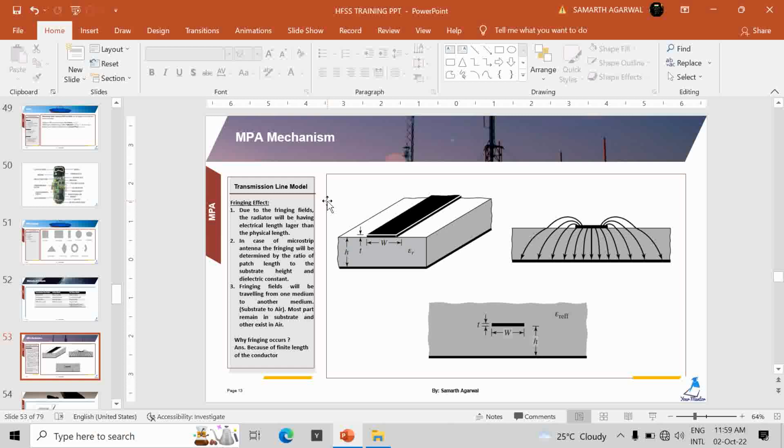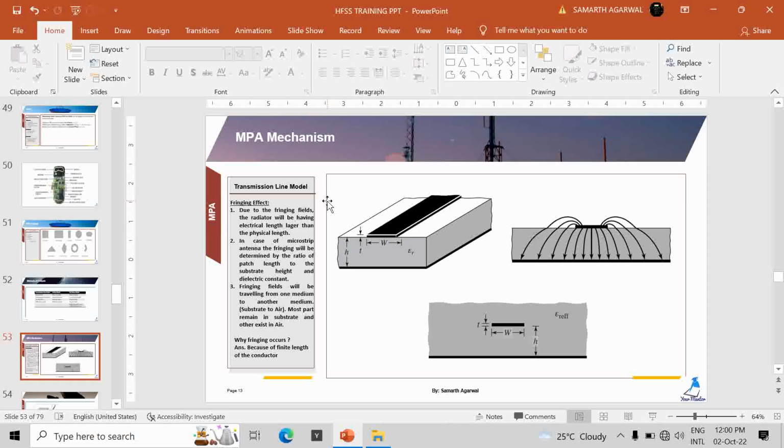Now, in the case of a microstrip antenna, the fringing will be determined by the ratio of the patch length to the substrate height, as well as the dielectric constant we are using. In the case of 4.3, it is very lossy, so the substrate fringing fields will not have that much area to occupy, and again the gain will deteriorate also.